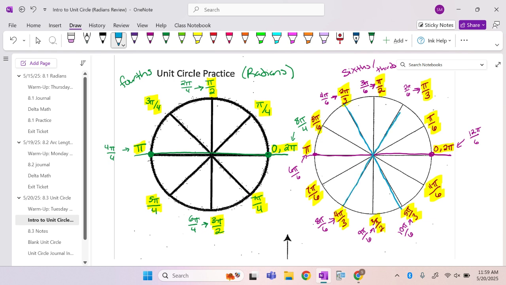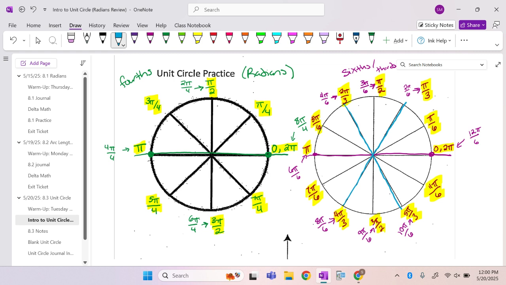So right here, if you go 1/3 away from 0, it's pi over 3. Another third's 2 pi over 3. Another third is 3 pi over 3, or pi. Another third is 4 pi over 3. Another third is 5 pi over 3. And another third is 6 pi over 3, or 2 pi. All right, so that's where the thirds come into play.